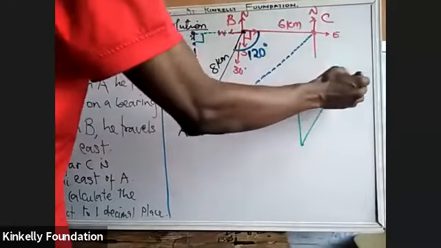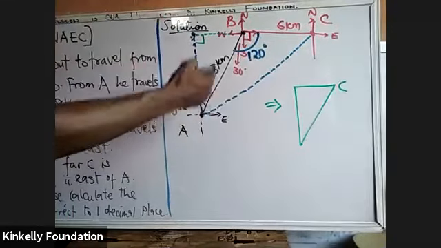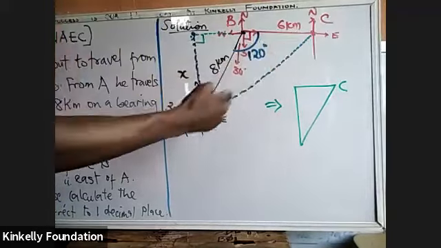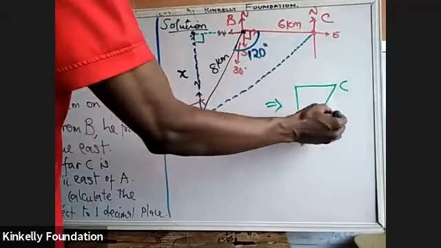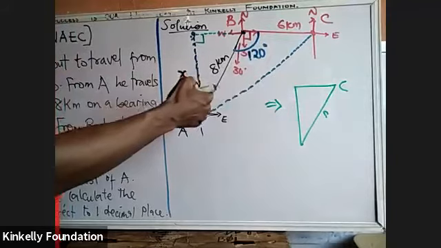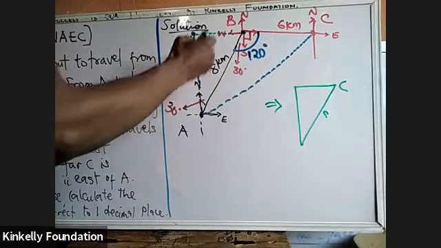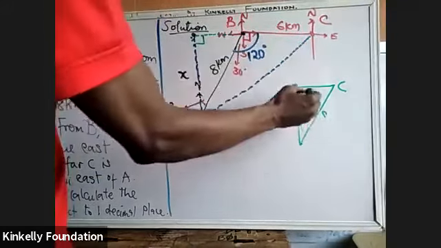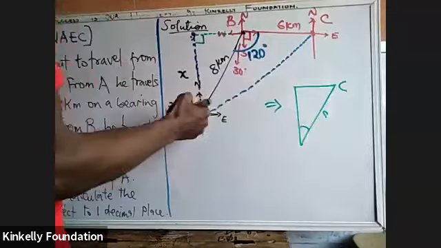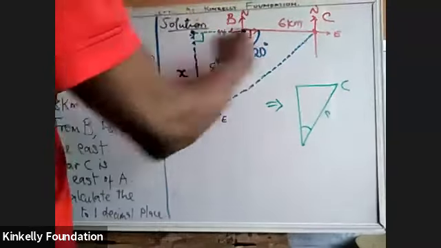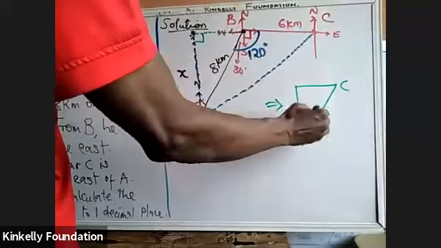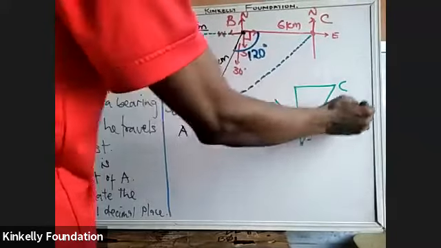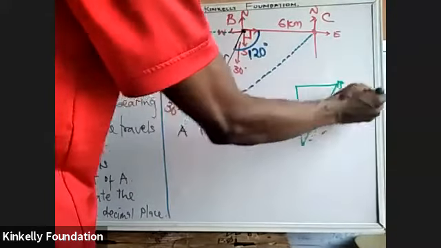This is C. Assuming it is like this. Here is 30 degrees. If you are looking at it at this point, okay, look at this one. So we have another one. This is our B. We have another one that looks like what?